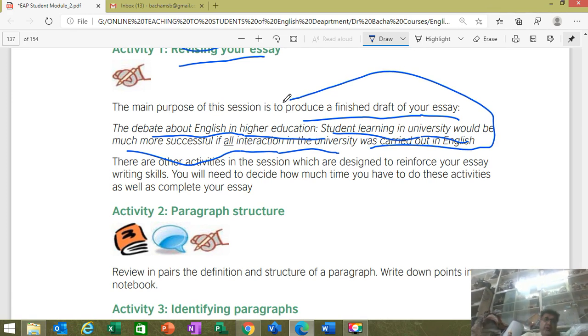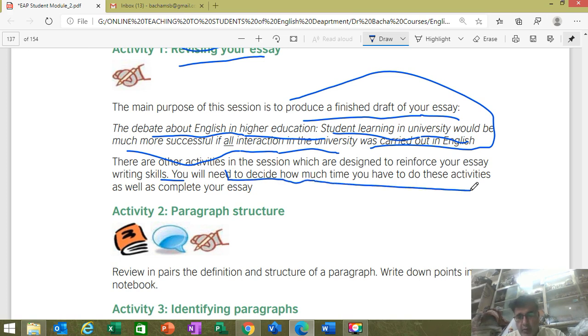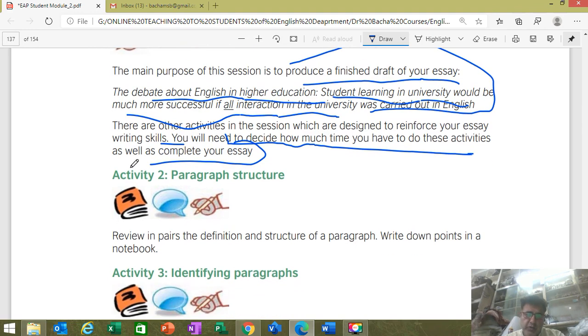So there are other activities in this lesson which are designed to reinforce your essay writing skill. You will need to decide how much time you have to do these activities as well as complete your essay. So activity number 2, alright, this is paragraph structure. You have to review in pairs the definition and structure of a paragraph, and write down points in a notebook.